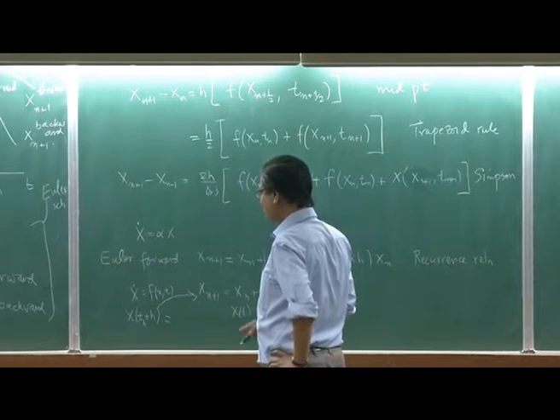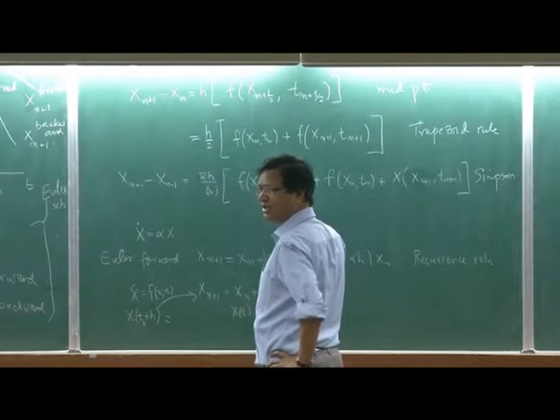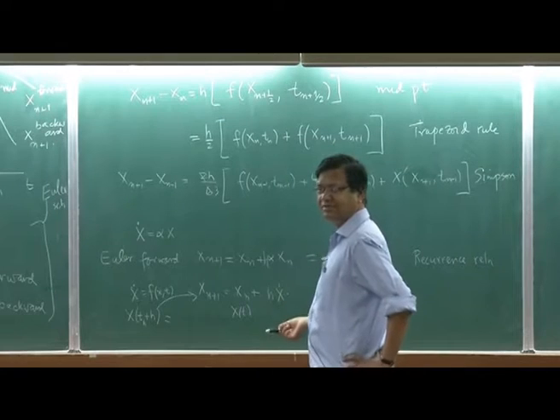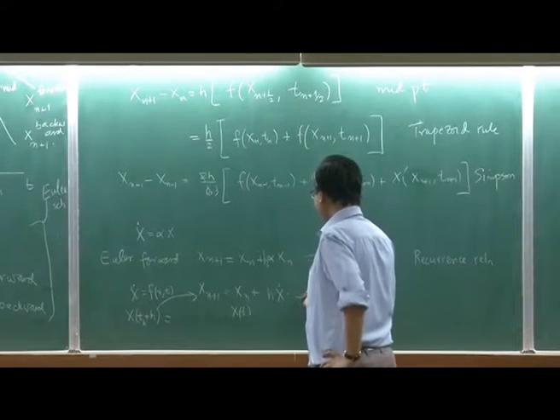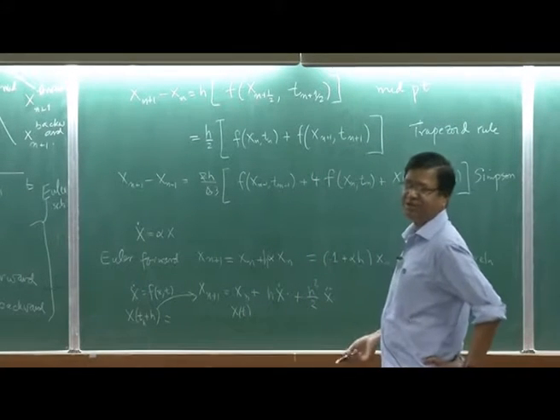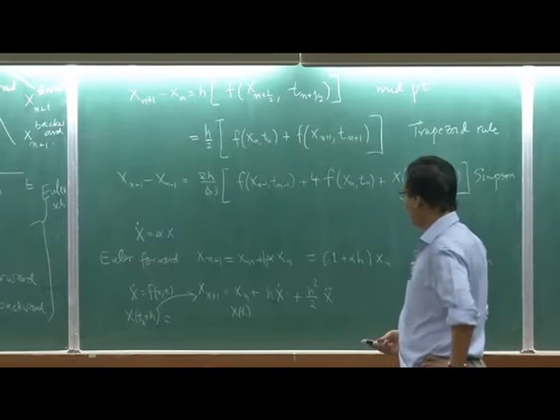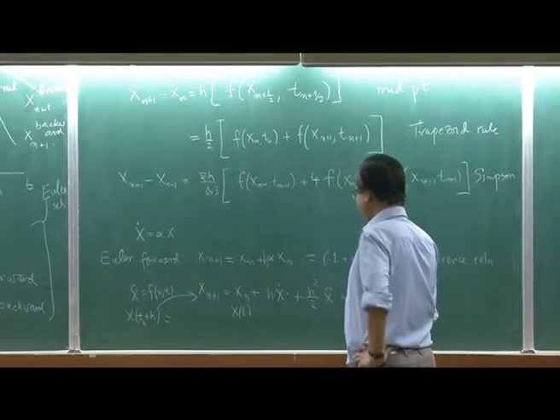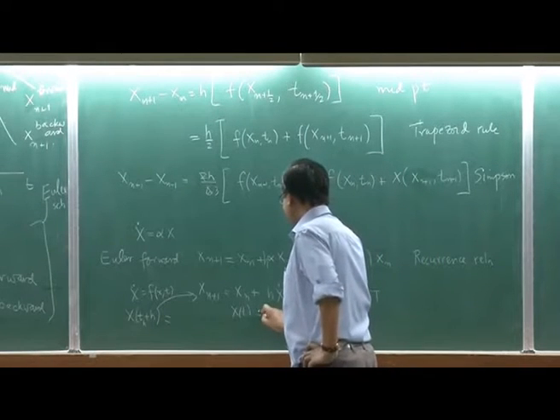Now Taylor series, what does it tell you? Next term is h x dot, right? That is a Taylor series. Next will be h squared by 2 x double dot. It's a function of time, plus higher order terms. Now this term is what?